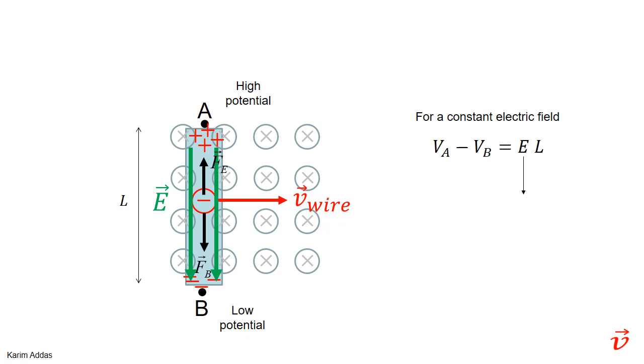Substituting E = vB, you get this result for the potential difference across the ends of the rod. So when you put a conducting rod in a magnetic field, it induces charges on the ends of the rod, which make a potential difference across the ends with a value BLv for this particular geometry.